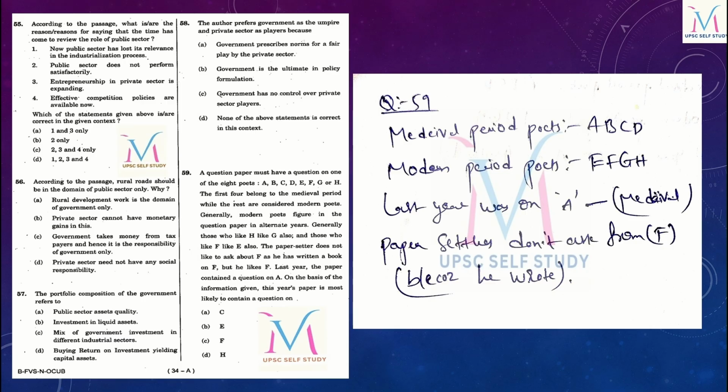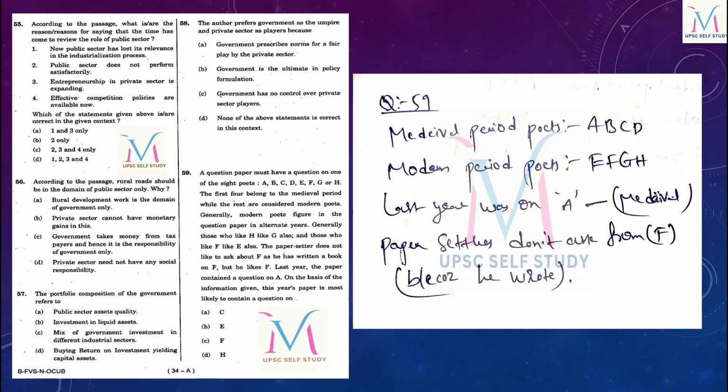So 57. The portfolio composition of the government refers to: public sector assets quality, investments in liquid assets, mix of government investments in the different industrial sectors, buying returns of investment yielding capital assets.